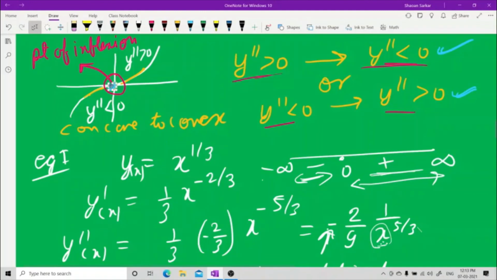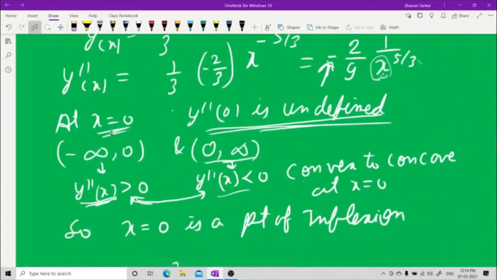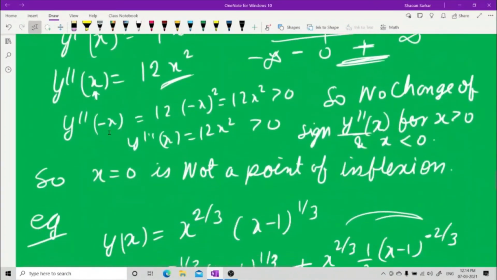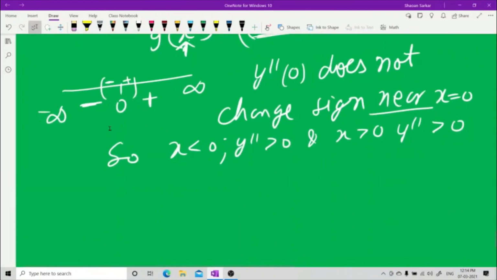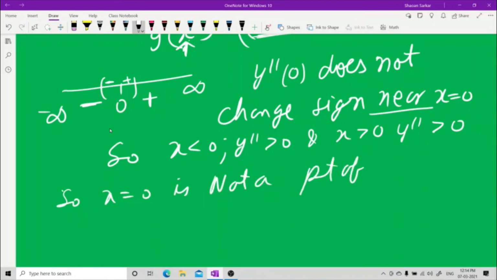It changes very near to 0, not that you go here and you go there, near the point. So this is not changing its sign. So x equal to 0 is not a point of inflection.